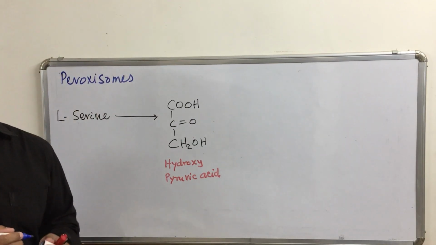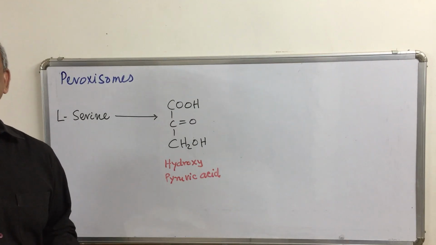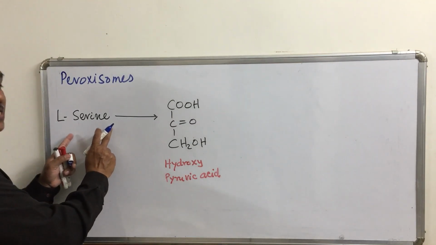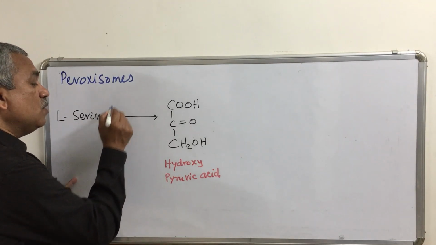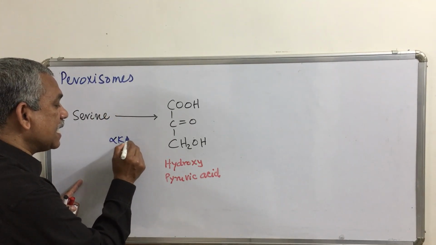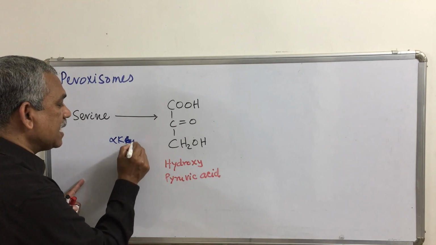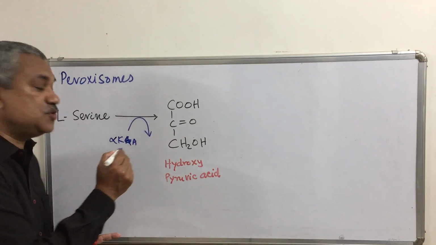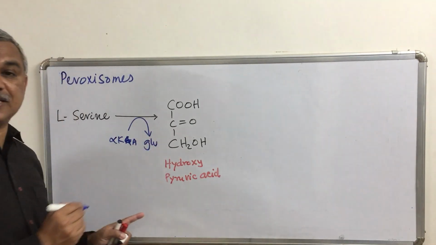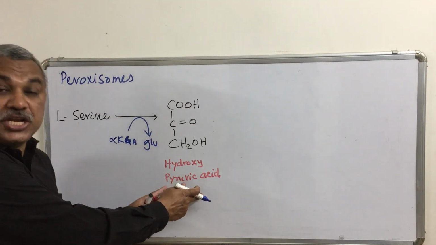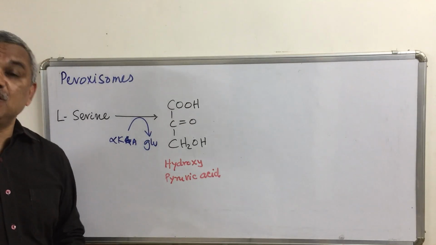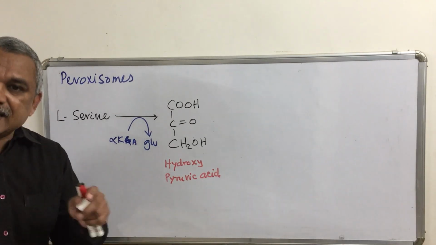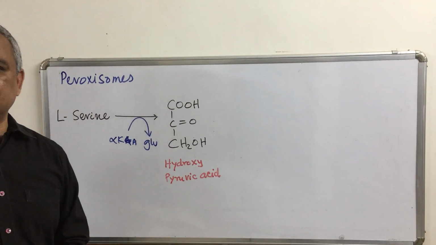In the peroxisomes, another transamination reaction is going to happen. Serine will be transaminated. The amino group is transferred to alpha ketoglutaric acid, and that gets converted to glutamic acid, and a keto acid is produced. The keto acid is hydroxypyruvic acid. This reaction will take place in the peroxisomes.